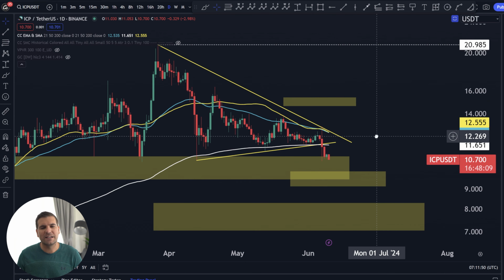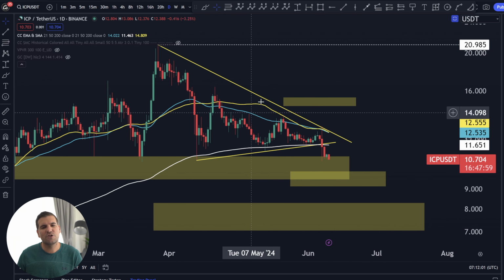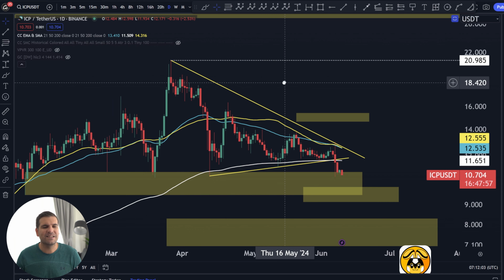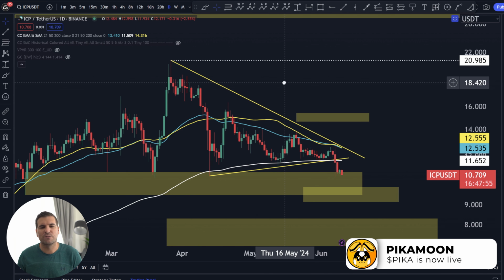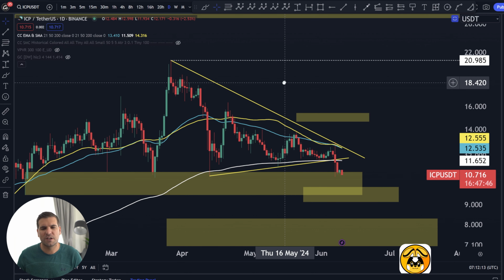So expect a little bit more volatility on ICP, but this could be a fantastic opportunity to scoop up a bigger position before the next big bullish run to the upside, because the nature of our correction here isn't a trend. We're not looking at this through a trend-like lens. We're looking at this through a very corrective pattern, basically meaning that it's short-term, meaning the short-term price prediction is for a slippage to the downside.